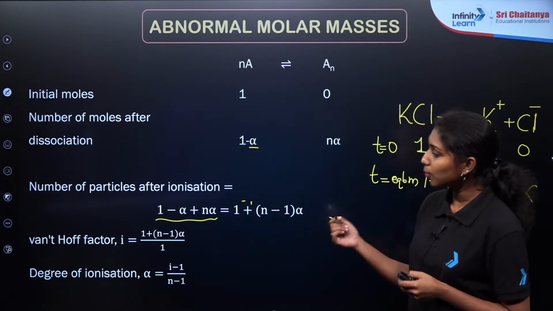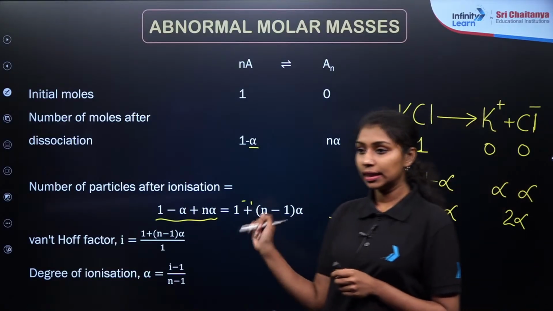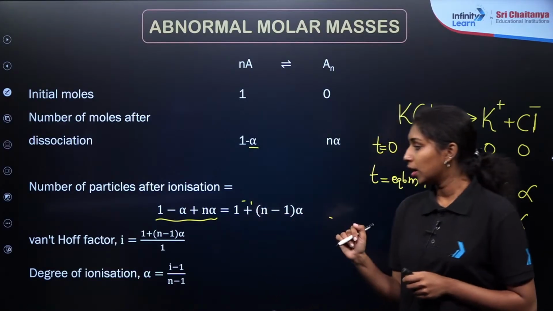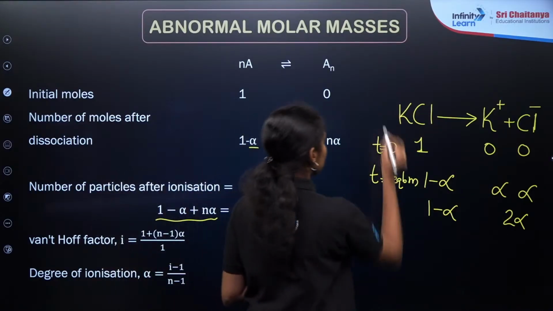Okay, the total number of moles after ionization is equal to 1 plus N minus 1 into alpha. Then, for the Van't Hoff factor, there is another equation to find the Van't Hoff factor.